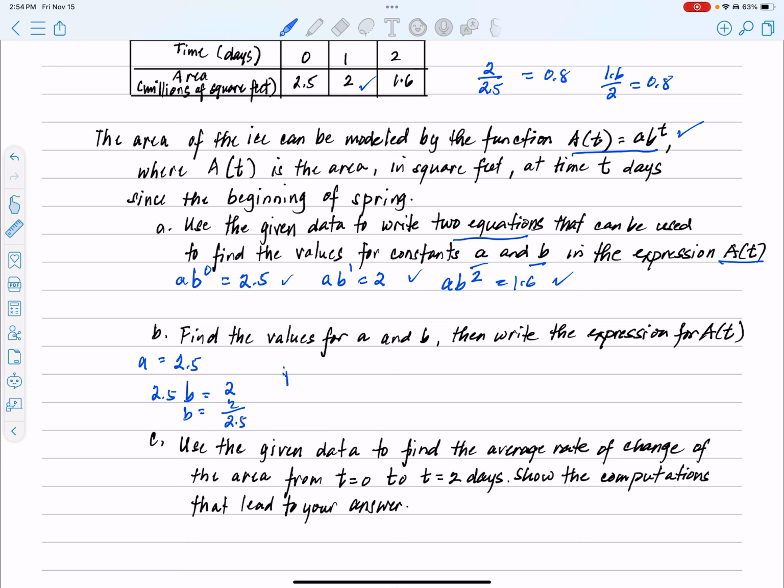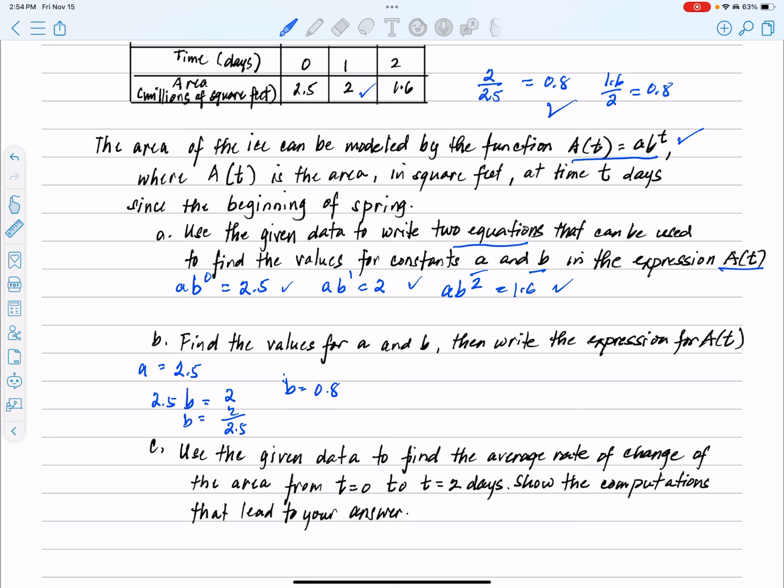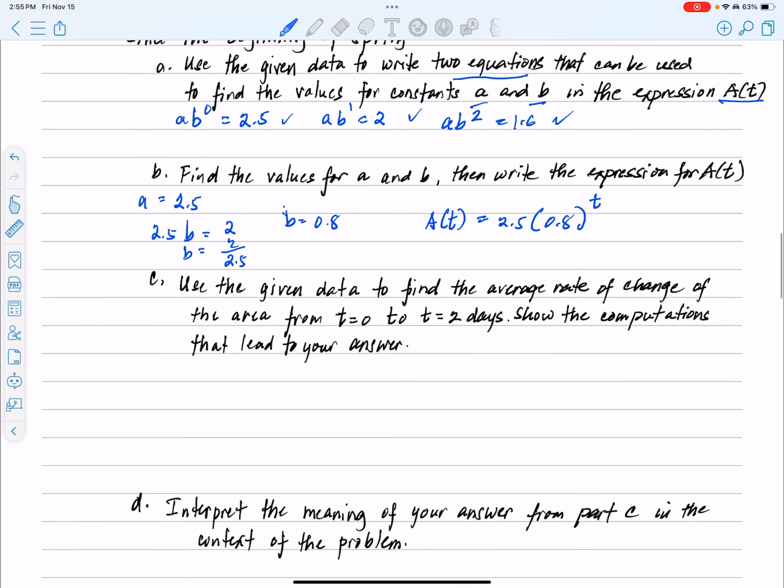Or you can use the ratio directly. So using A(t), you can have 2.5 times b to the power of t, whatever time we are using, whether 0, 1, 2, 3, and so on.